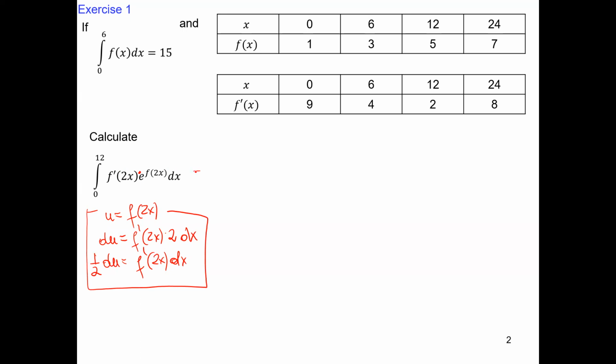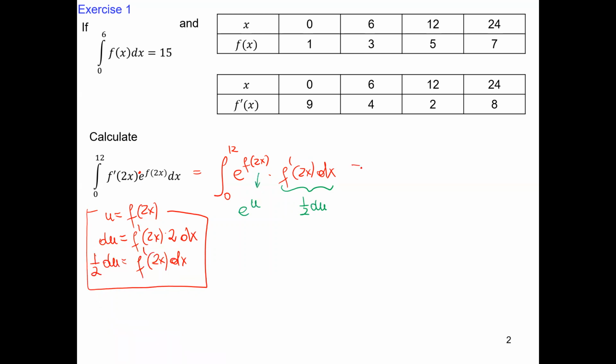This will be replaced. I can rewrite this as e to the power of f of 2x times f prime of 2x dx. And then we can nicely see that this part is 1/2 du, and this will be, of course, e to the power of u.